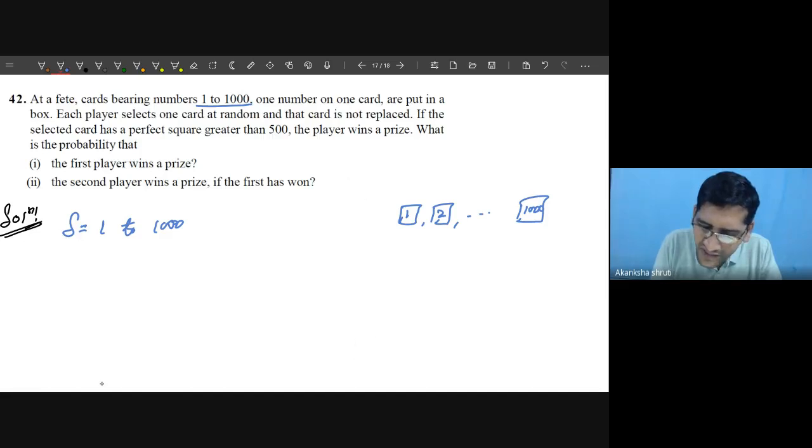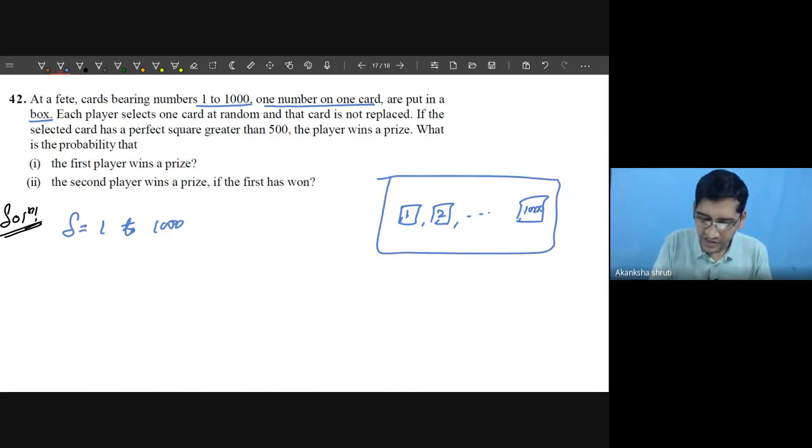One number on one card are put in a box. Means entire all these are put in a box. Means it is numbered in continuation, but need not be placed continuously. They are randomly placed. So NS is 1000. It's obvious.